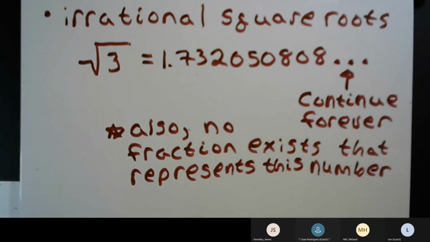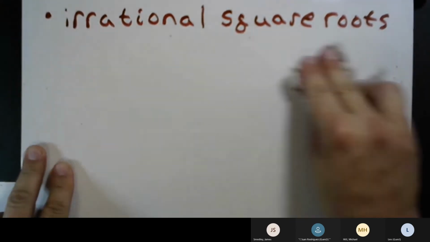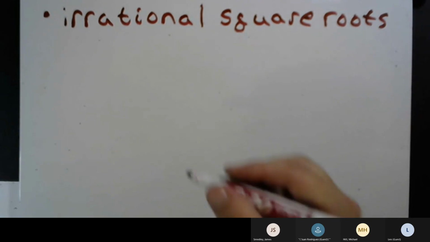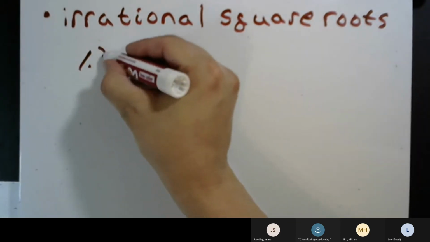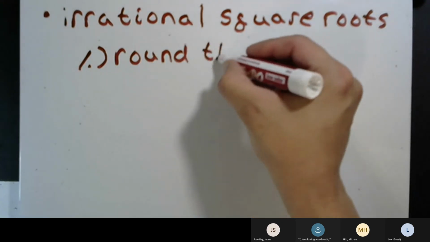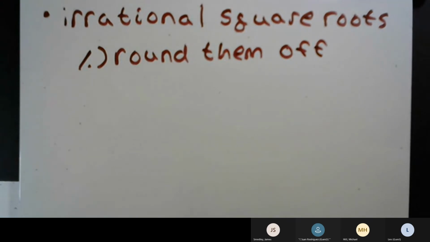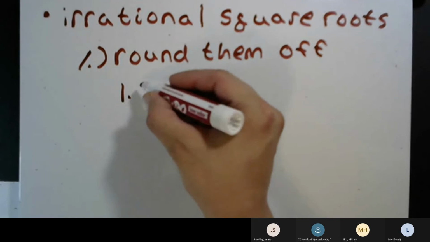So what do we do with these kinds of numbers? We do two things with them. One is we might round them off. So if you try to come up with the square root of a number and you can't do it in your head, you might put it in a calculator. You might get something like this.